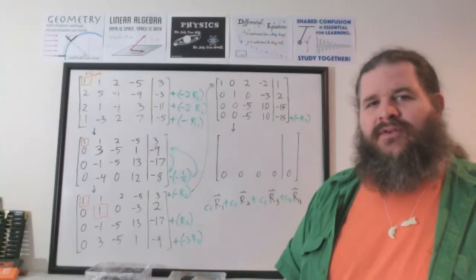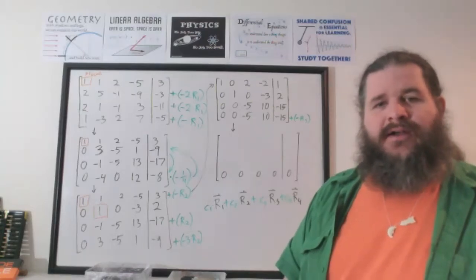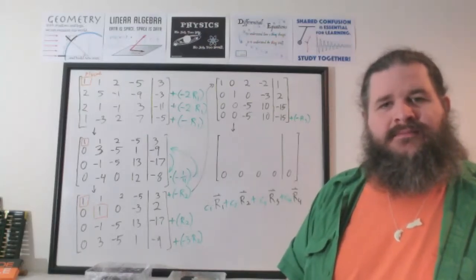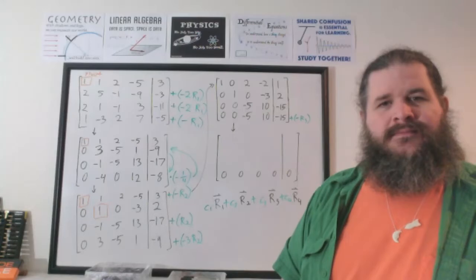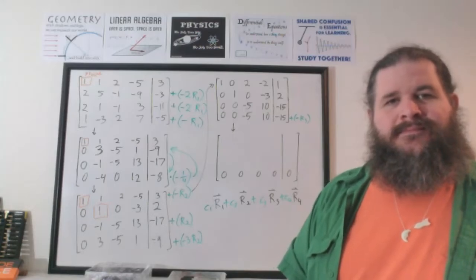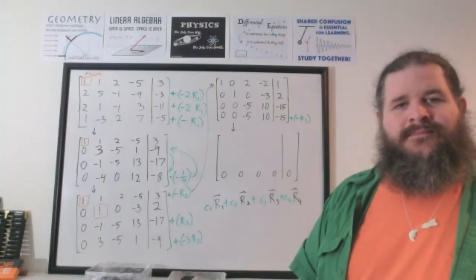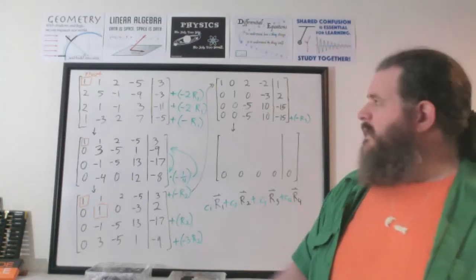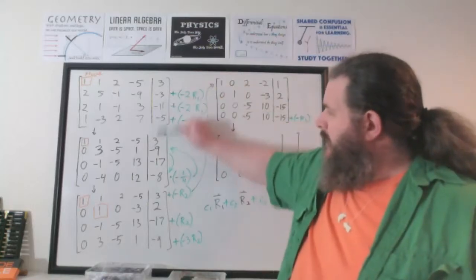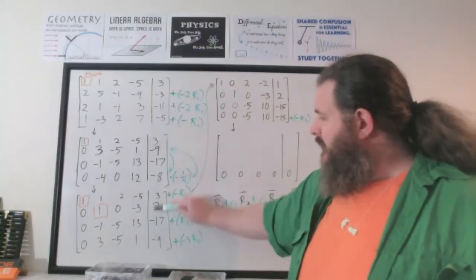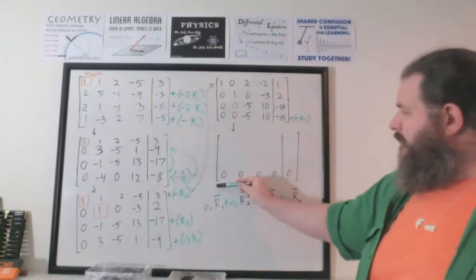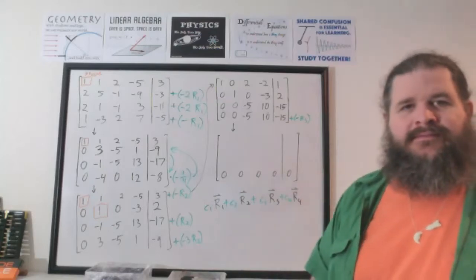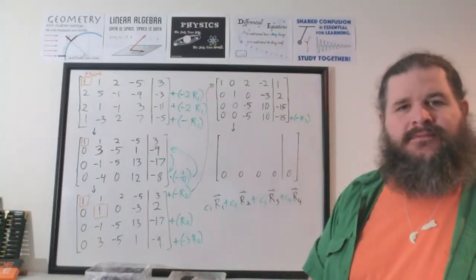What was the result of all that, all those linear combinations? That we added up a bunch of rows, combined rows with multipliers, and adding them together and end up with zeros?